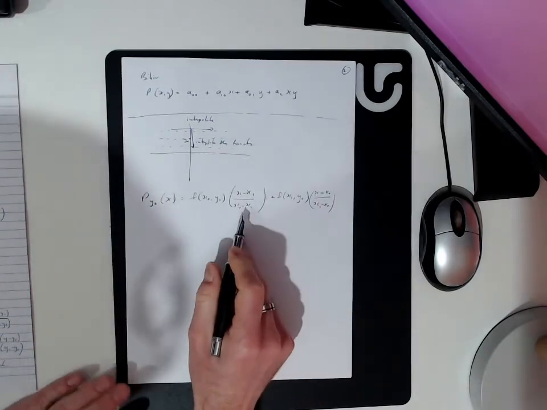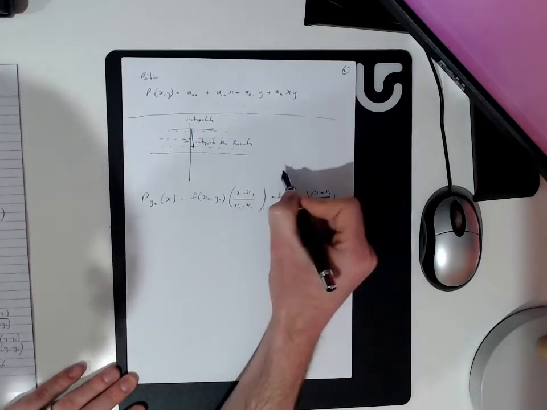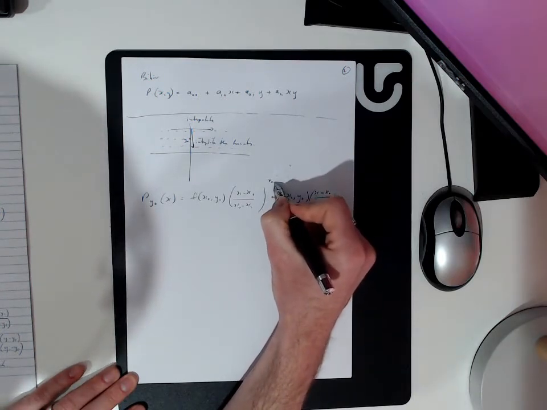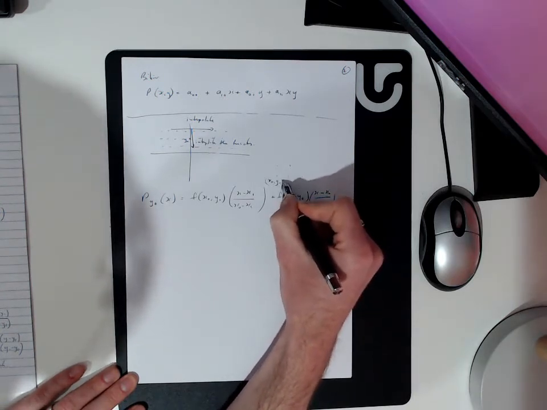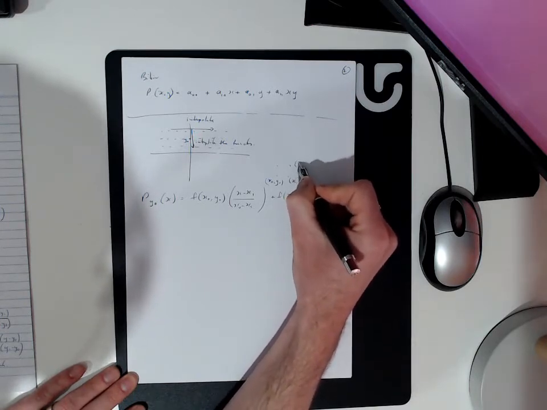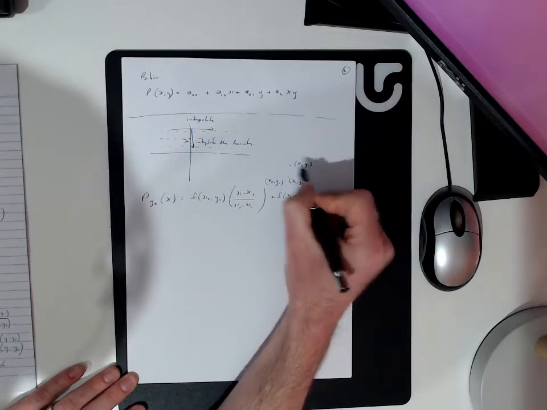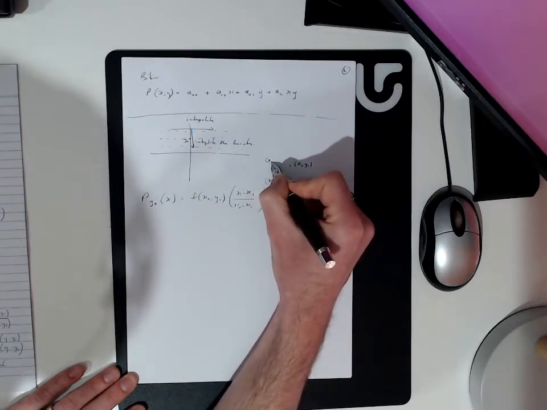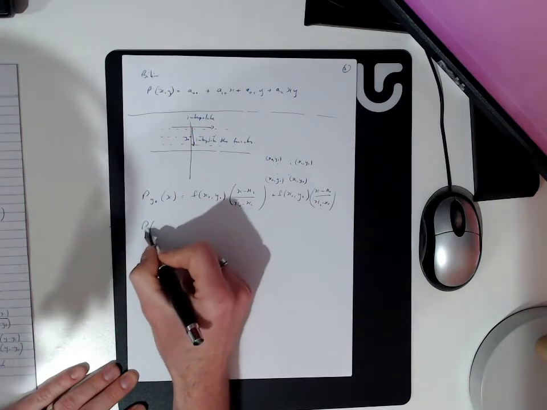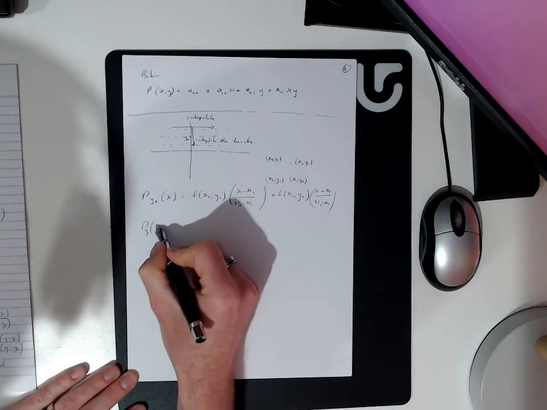I'm doing linear Lagrange interpolation, which means I'm working over a square. So we interpolate for the other y.